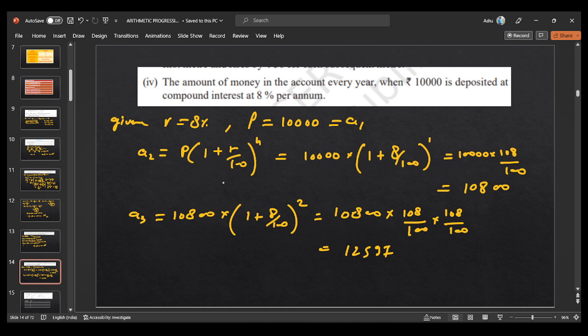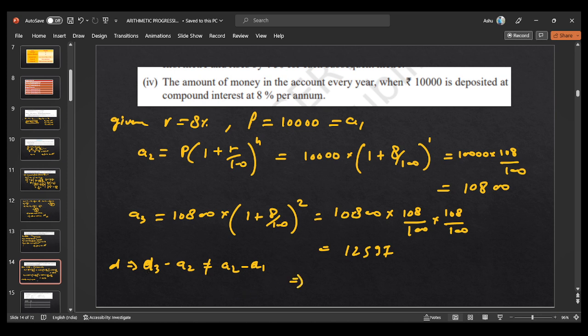Because in the same way, we can say directly that compound interest comes on power. If the power is increasing, then we cannot get the same difference. So the difference A3 minus A2 is not equal to A2 minus A1. Clear?